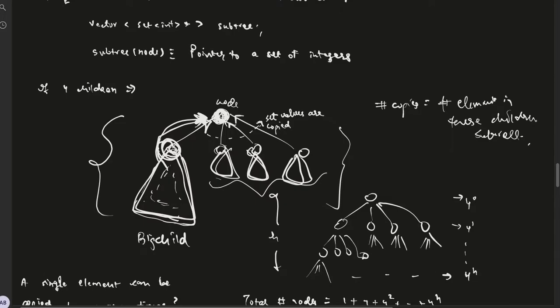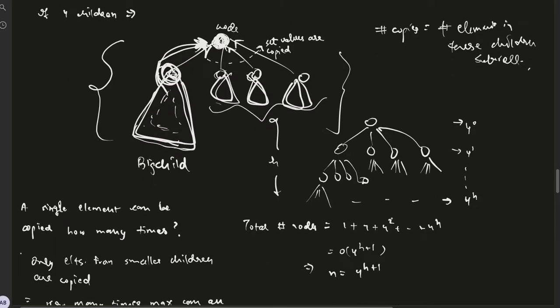One more observation is from the small to large merging technique, to find the complexity. Let's for now focus on a single element. Let's say this is the tree, and this is a single element. We will only copy this if this node is present in the smaller child, I mean, is one of the smaller children of this particular node.